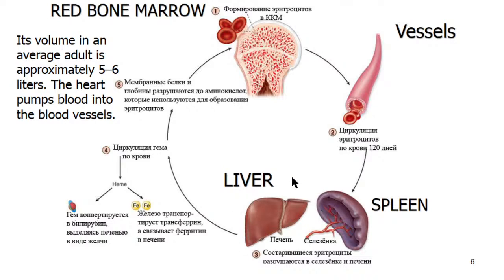The liver is an exocrine gland which synthesizes the plasma proteins, all plasma proteins except immunoglobulins, gamma globulins, which are not made in the liver.